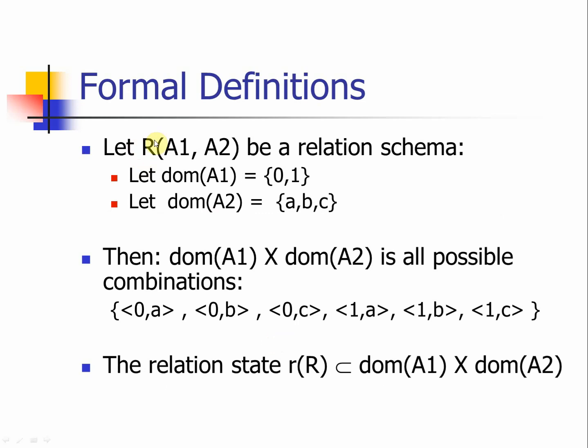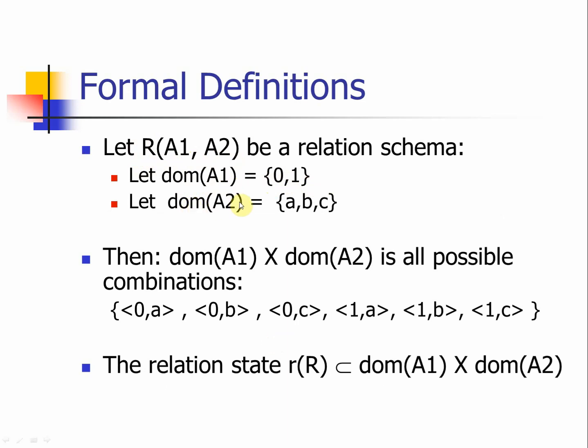Say now we create a relation R. It has 2 attributes, which are pretty straightforward. The first attribute has only 2 possible values, so domain of A1 equals 0 and 1.